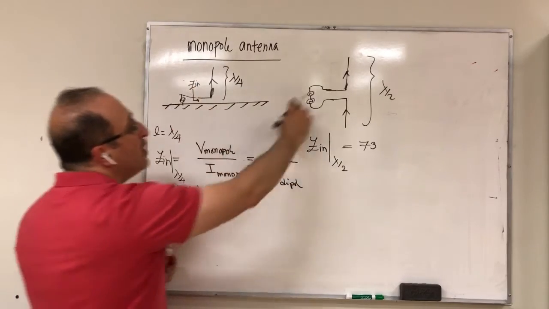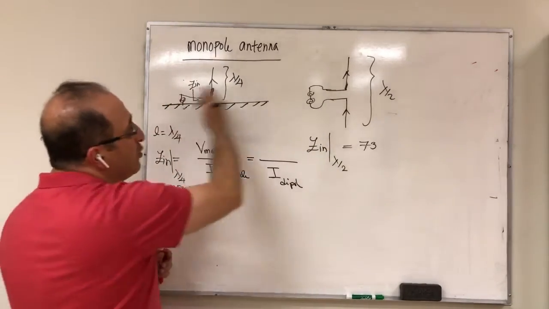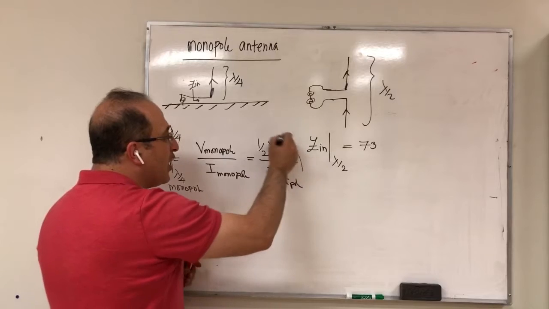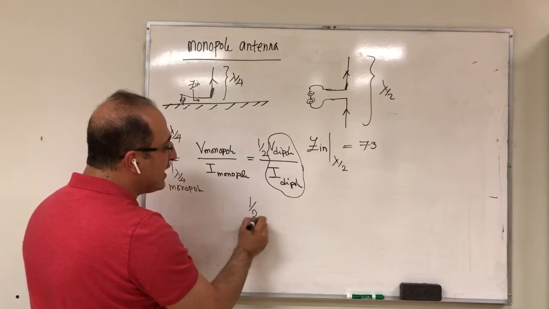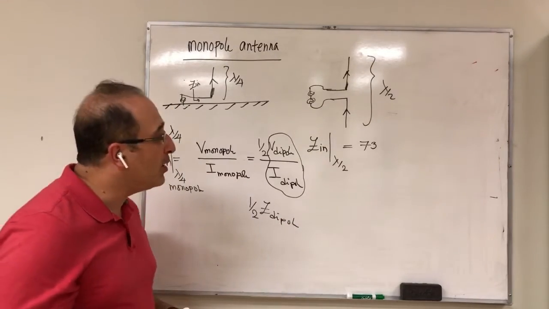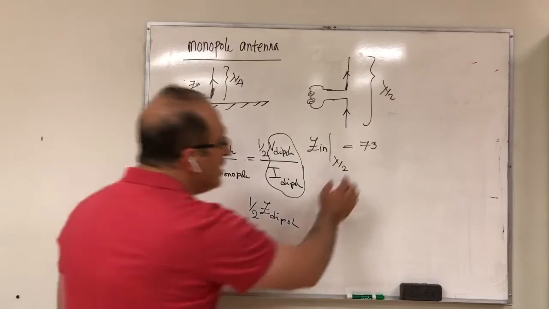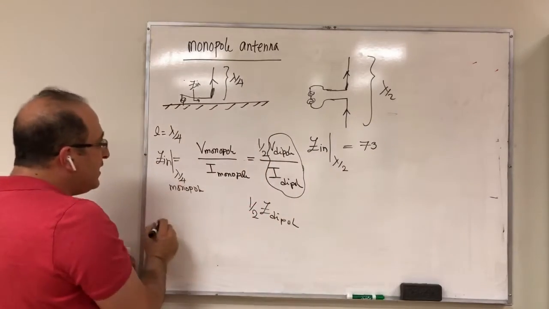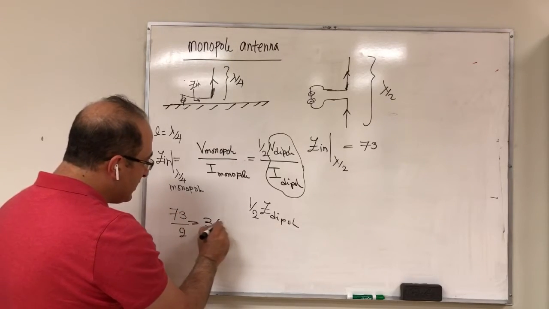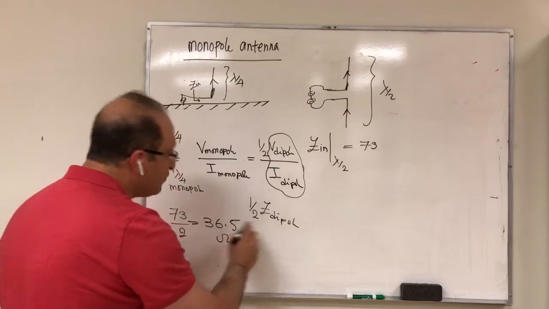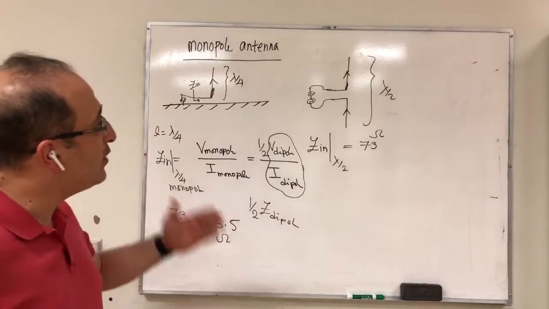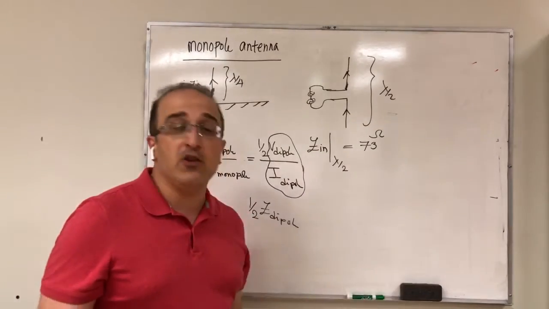But V of monopole is half of V dipole when you make it a dipole. And you know that V dipole divided by I dipole is Z dipole. So Z of monopole becomes half of Z dipole. That brings me to the conclusion that if this is 73, Z in of the quarter wavelength monopole becomes 73 divided by 2, which is about 36.5 ohm. So this is the relation between the impedances of a monopole antenna and its corresponding dipole antenna.